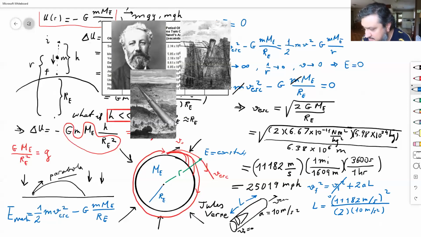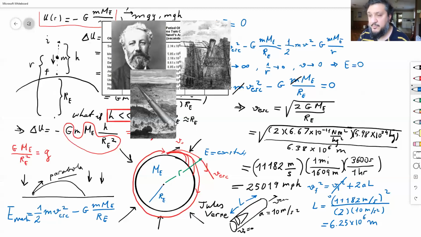Let's do it. 11,182 squared divided by 20. Okay, so that is 6.25, not meters, not kilometers, 6.25 million meters. So 6.25 times 10 to the 6th power.